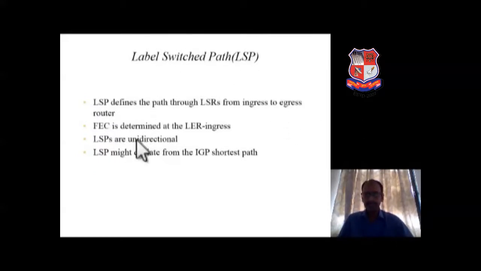Label switch path, some very important terminology over here. LSP defines the path through the LSRs from ingress to egress. FEC is determined at the LER ingress, very important. So the forward equivalence class mechanism will be defined at the label edge router ingress, because the IP datagram has entered an MPLS domain.